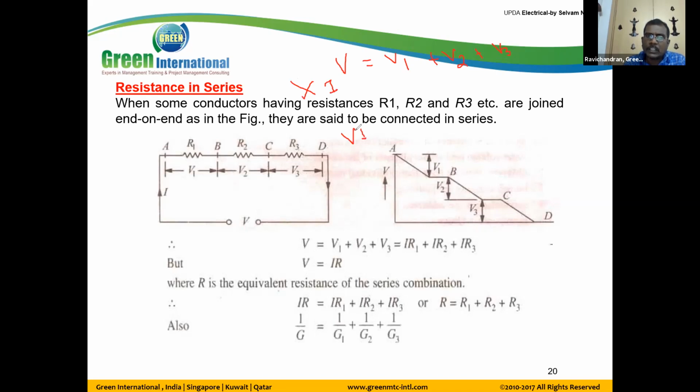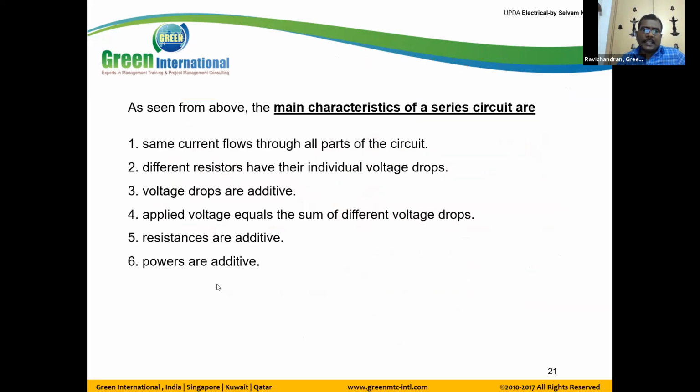VI is equal to V1 I plus V2 I plus V3 I. That means VI, which is power, is equal to the power consumed by resistance 1, the power consumed by resistance 2, like this. So that's why we say powers are additive.